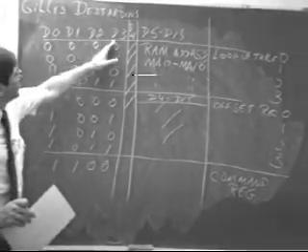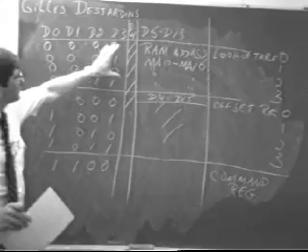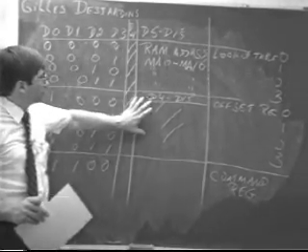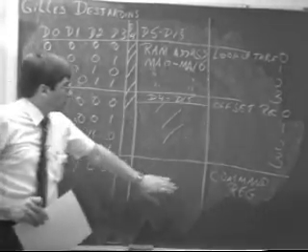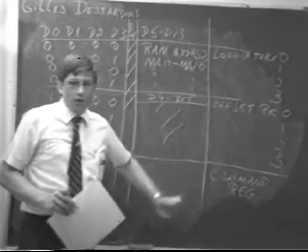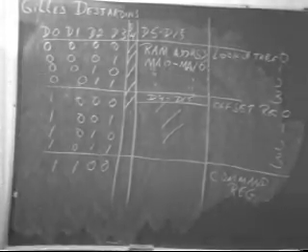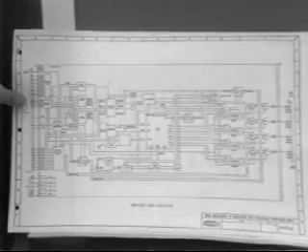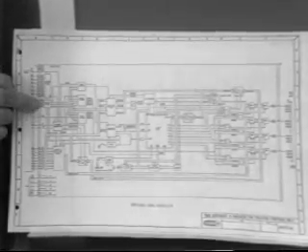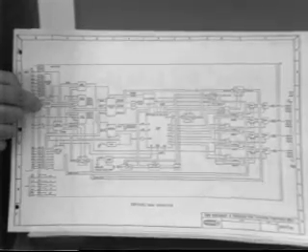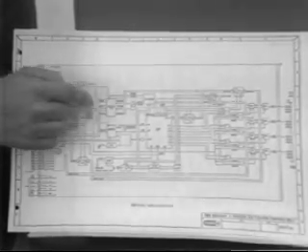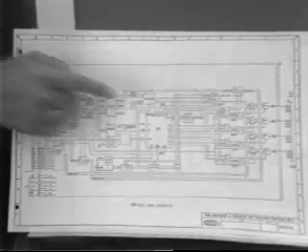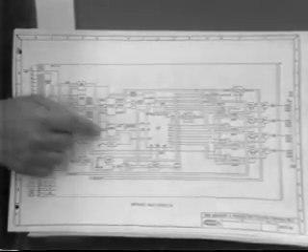So D0 to D3 will select either the RAMs, the offset register, or the command register through the decoder.